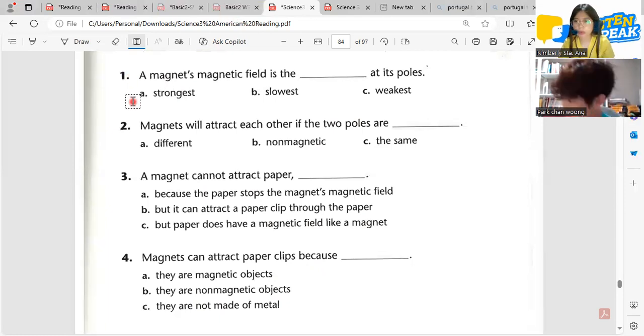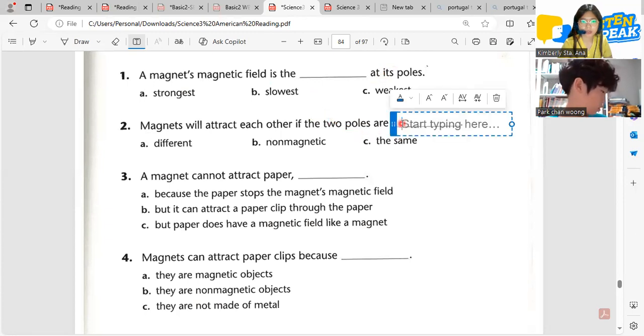So let's start with number one. Magnets will attract each other if the two poles are different. Very good.